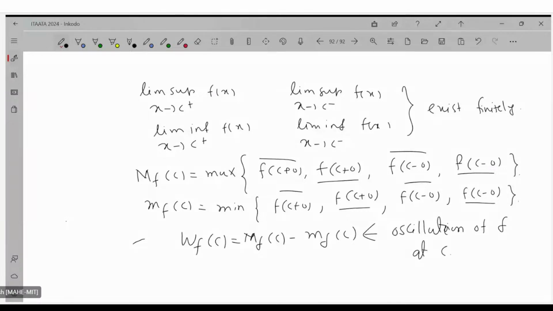Now what is the next case? Again, f is unbounded in each neighborhood of c. We'll discuss the example in the tutorial because we don't have time right now.